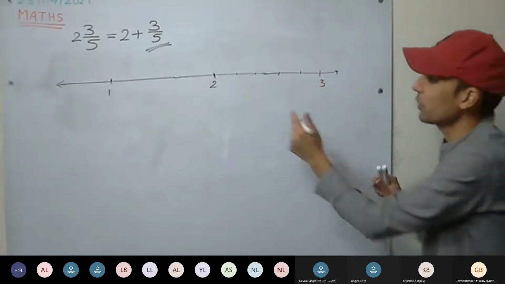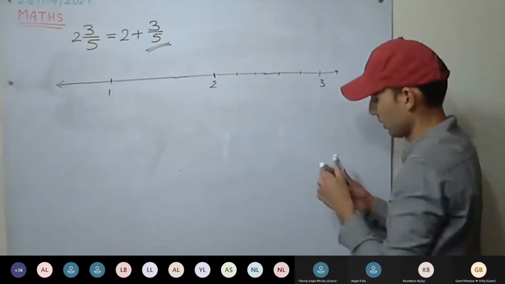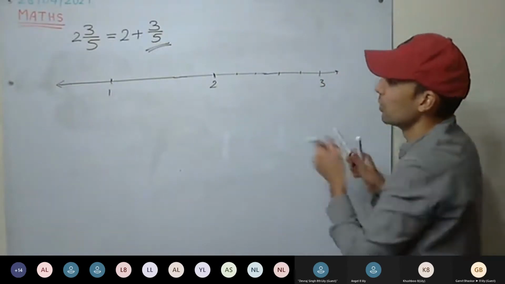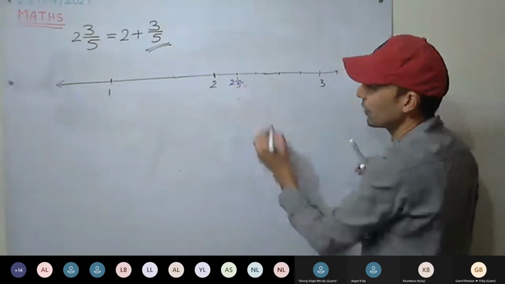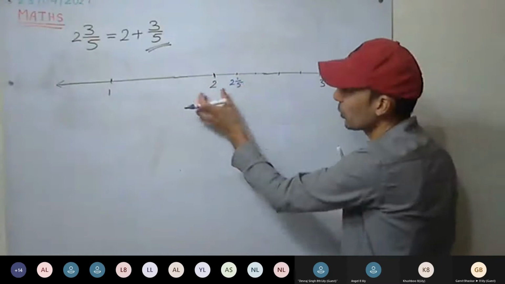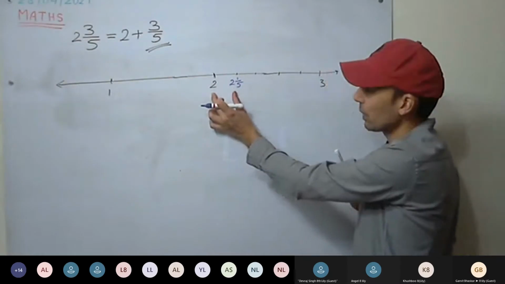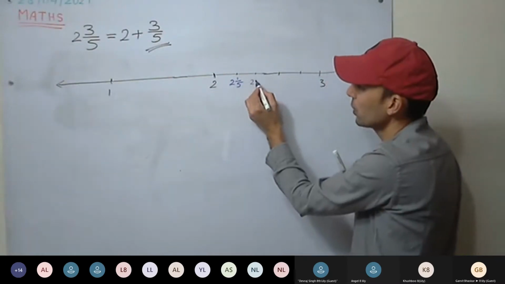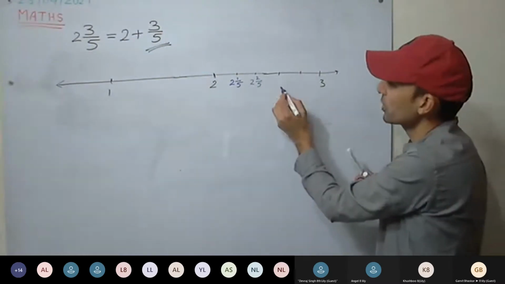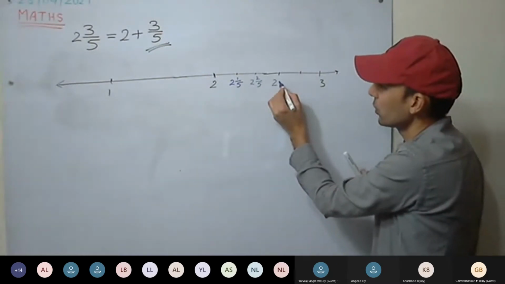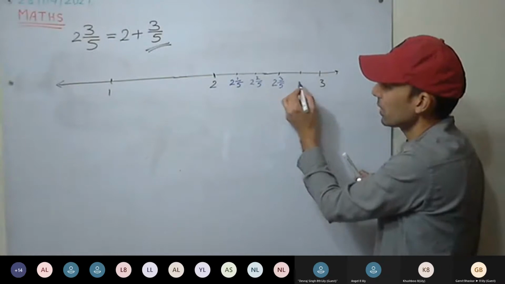This will be 2 plus 1 by 5, that is 2 1 by 5, then 2 2 by 5, then 2 3 by 5.